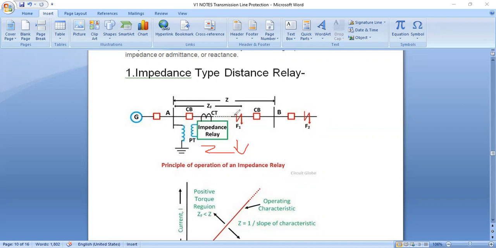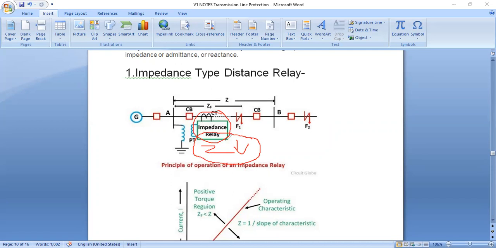That means if any fault occurs in the system, the impedance value is compared with the relay setting. If the impedance value is less than the impedance relay setting, it gives the tripping command to the circuit breaker to close its contact.